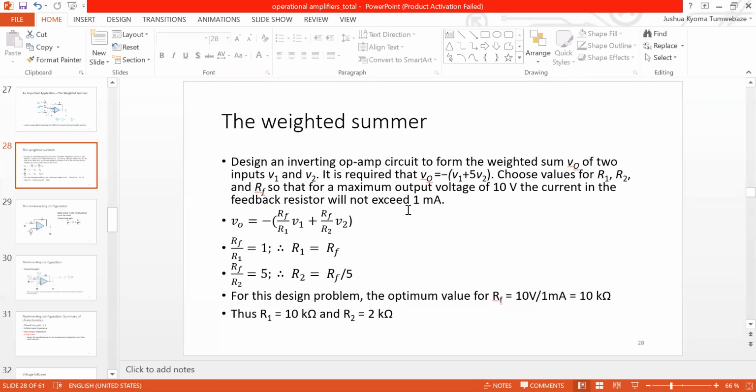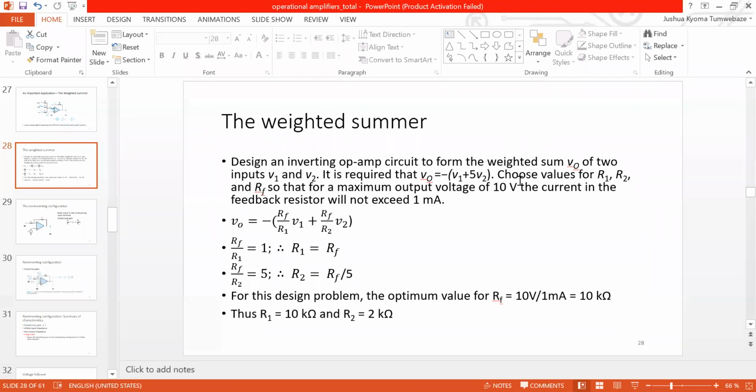You are required to design an inverting op-amp circuit to form the weighted sum V0 of two inputs, V1 and V2. It is required that V0 is equal to minus, in brackets, V1 plus 5 V2.